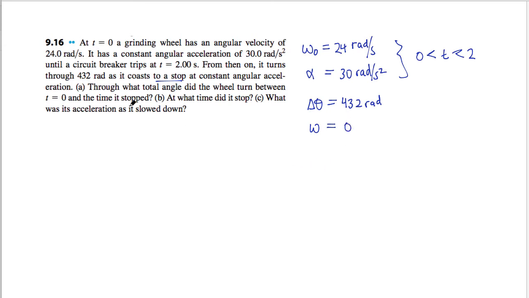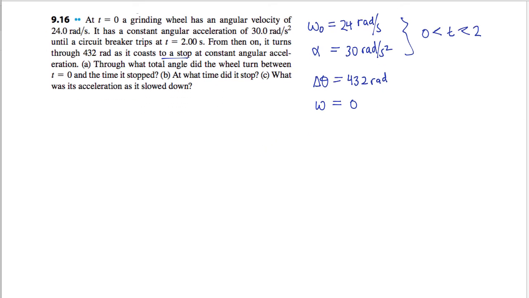So A asks, through what total angle did the wheel turn between time 0 and when it stopped? So I know that during the stopping portion, while it is slowing, the wheel has turned 432 radians. So now, for part A, I need to figure out how far it has turned for this portion of time. So delta theta will be equal to omega naught times t plus 1/2 alpha times t squared.